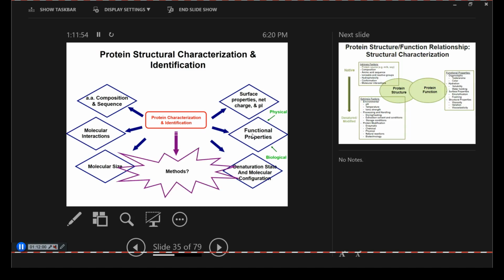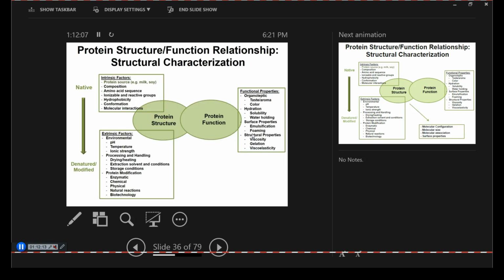There are so many methods that we will go through to characterize a protein. There are structural methods and identification methods. We're going to talk about a lot of these methods. And this is just to remind you again, this is the theme of the course, linking structure to function.